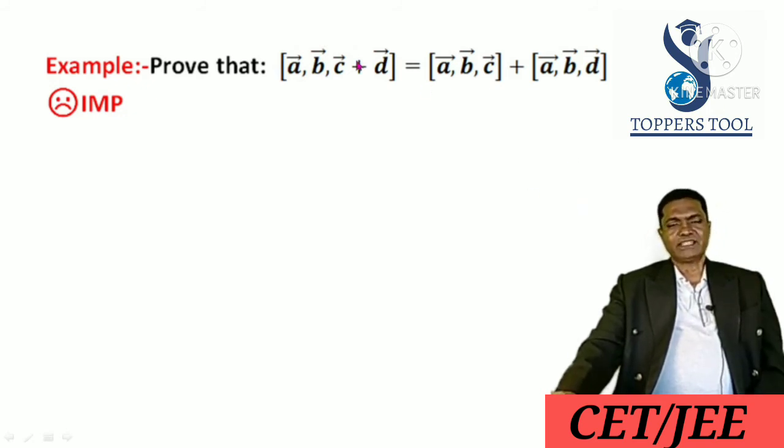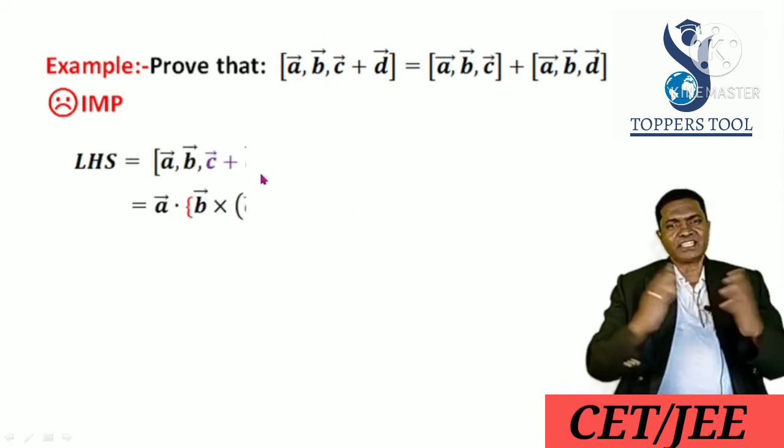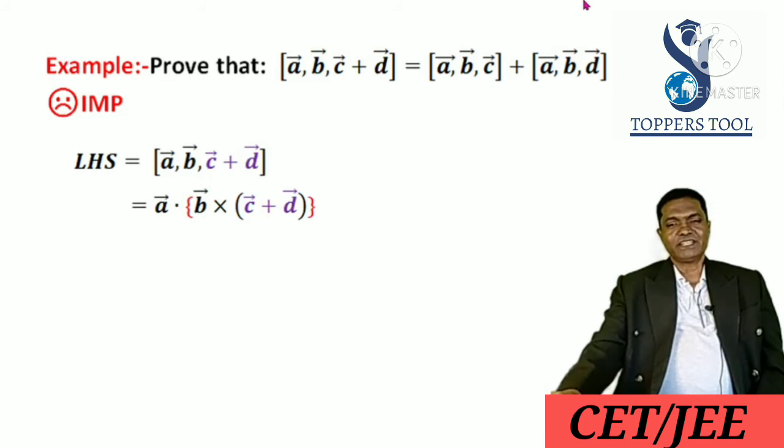Just apply the scalar product definition for this and expand it. You will get straight away these two terms. So here it is. LHS is this box product, and you can express it in the form of product. That means you can write it as vector A dot of the cross product of this and this.